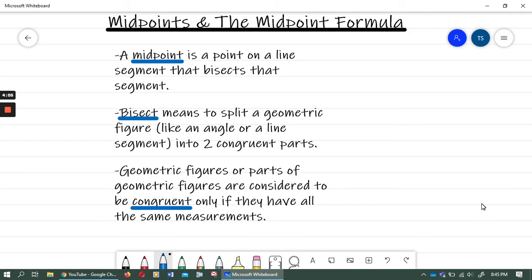Since we're talking about midpoints, and how a midpoint is a point on a line that bisects that line segment, briefly we're going to talk about some different geometric figures that can actually bisect a line segment.